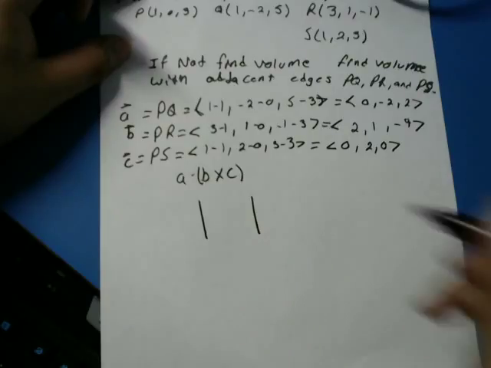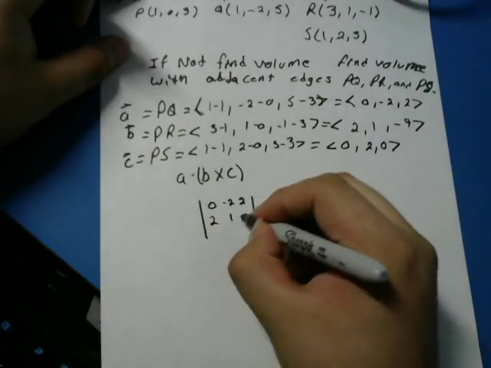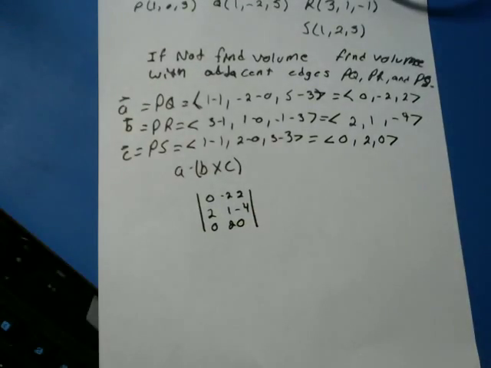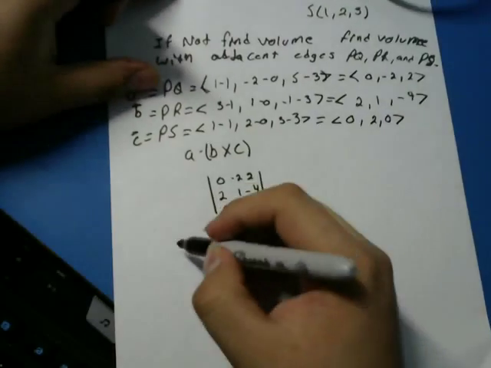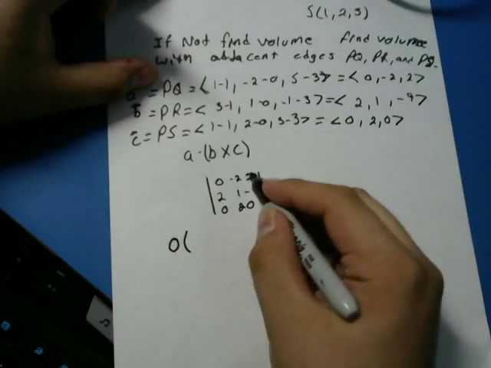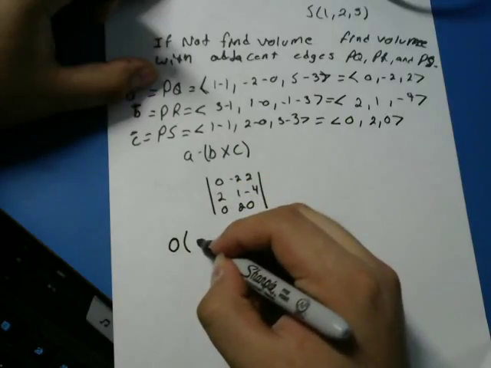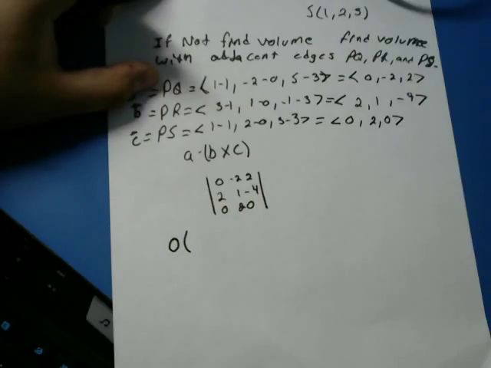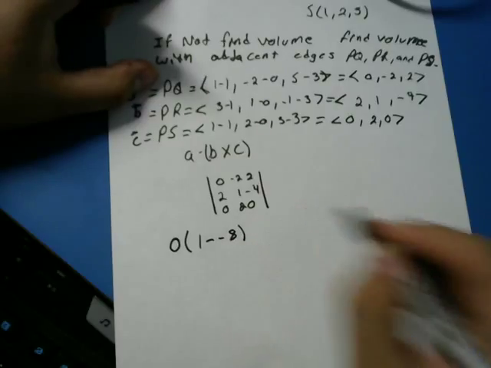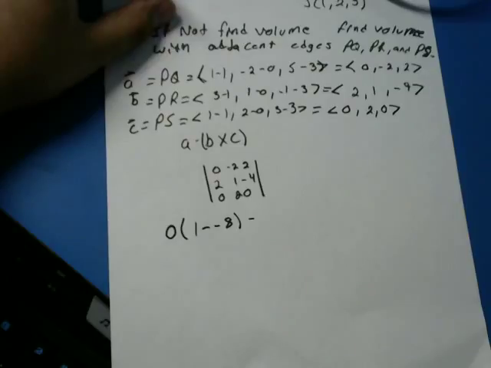So we have 0, negative 2, 2, 2, 1, negative 4, and 0, 2, 0. And that's just a simple, easy matrix to do. So, writing this all out, we have a 0 in front, constant 0, and let's see, cross this out, we have 1 minus a minus 8, and then we also have minus a negative 2.